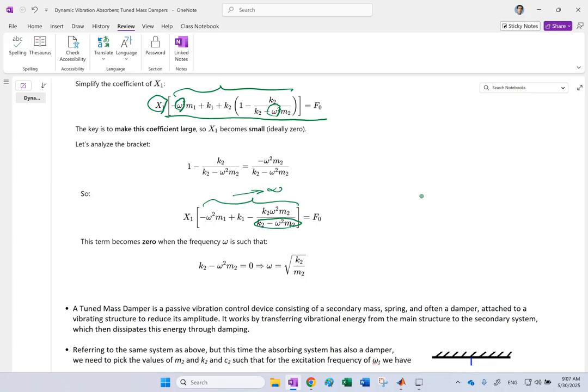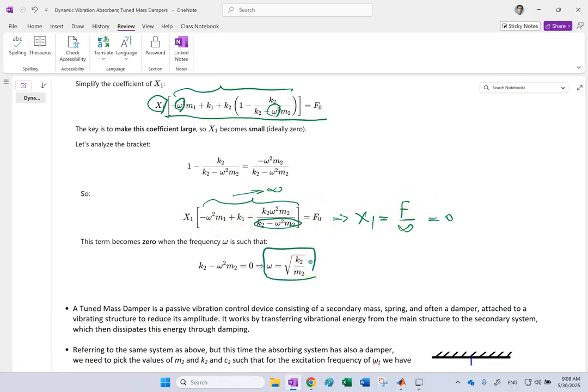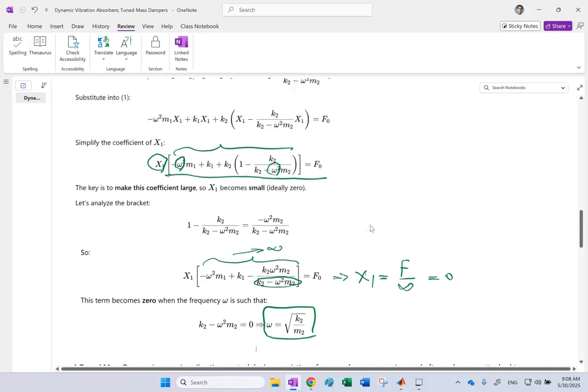And when that is infinitely big, what does that mean for x1? x1 is going to be f over something infinitely big, so it's literally going to be 0. Do you see that? So if I pick my frequency like that, then the amplitude of oscillation for object m1, which is called x1, is going to be 0.